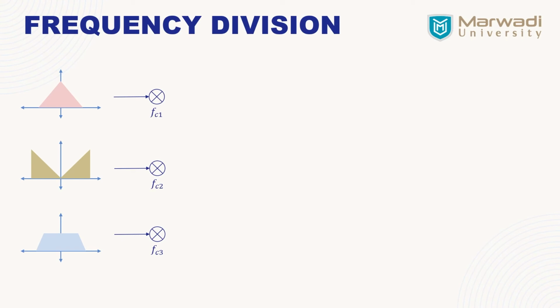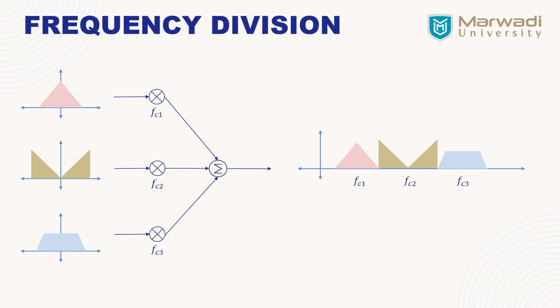First we modulate the three signals with different frequencies, and after the modulators we pass them through the multiplexer, which multiplexes all the frequencies and gives the final frequency. At the receiver side we can demultiplex all the frequencies by passing them through various types of filters.